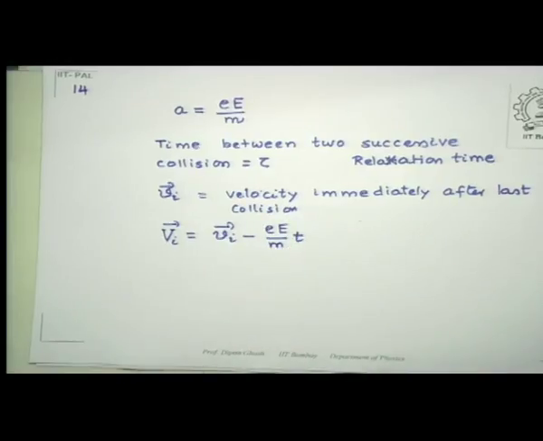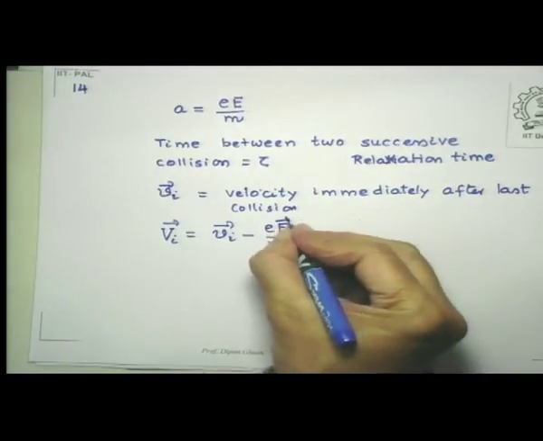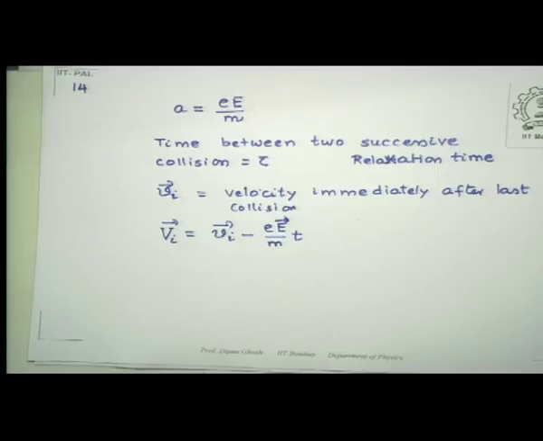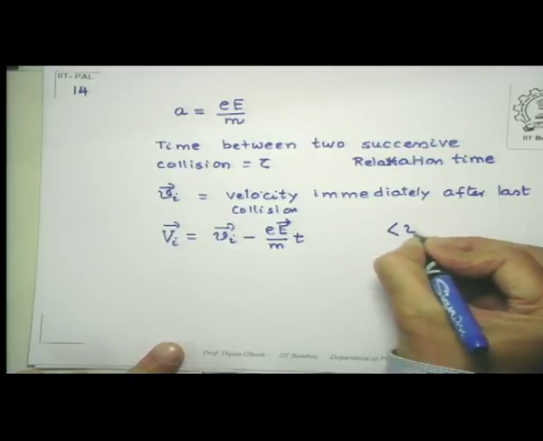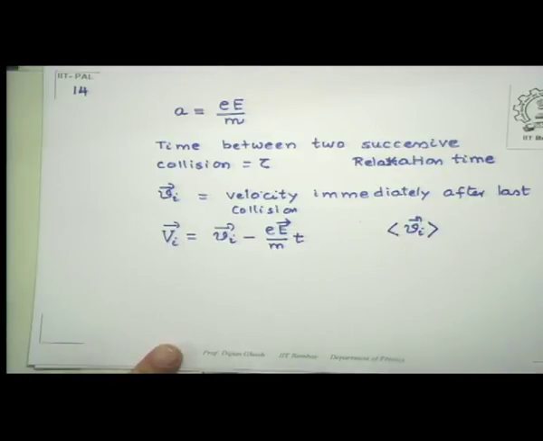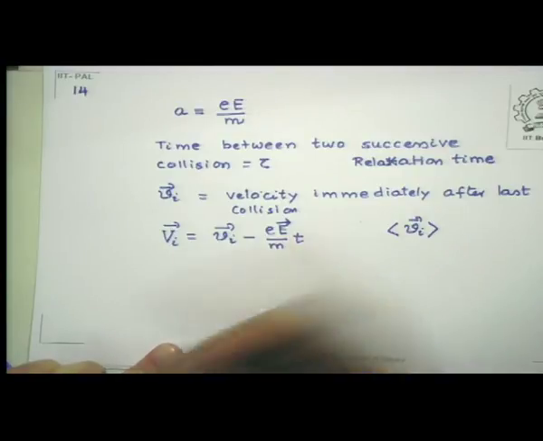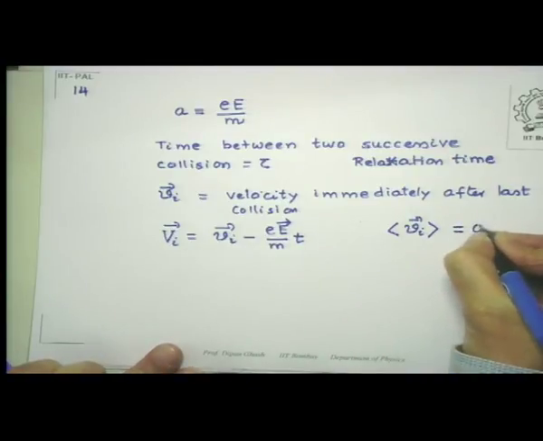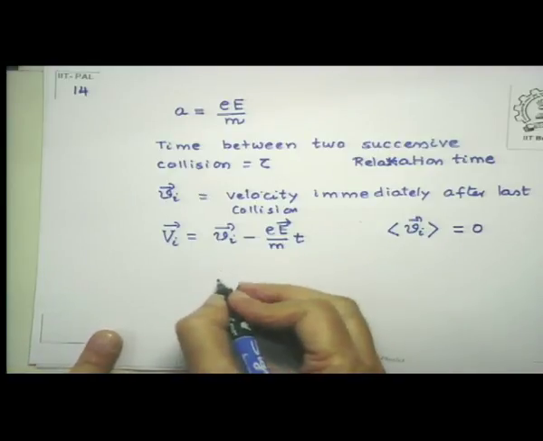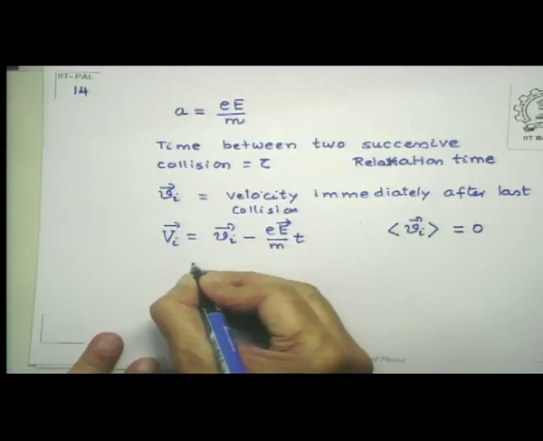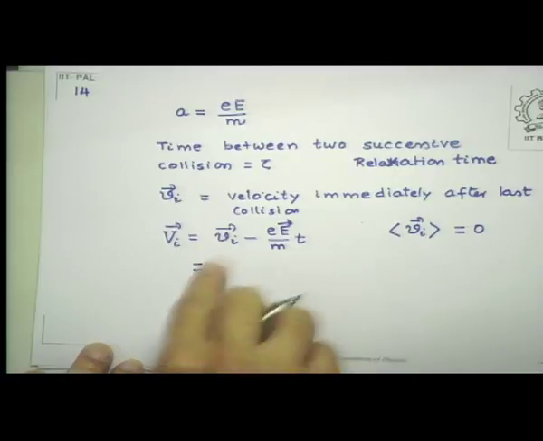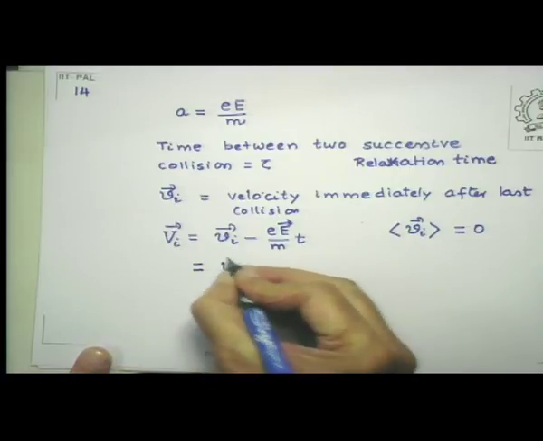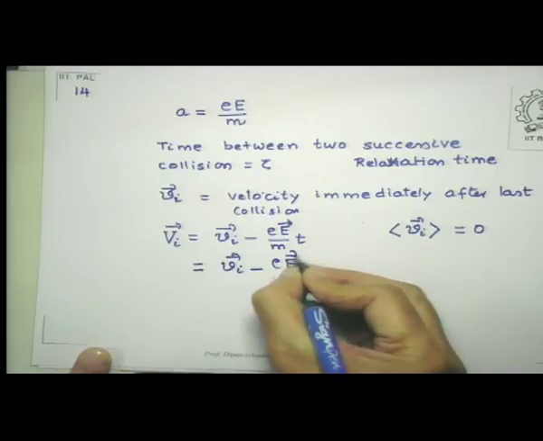Minus sign, because I am talking about an electron which must move in a direction opposite to the electric field. Now remember I also mentioned that the average value of Vi, which is 1 over n times sum over i of Vi, is equal to 0. But if you look at this now, then the velocity close to a relaxation time would be Vi minus eE tau over m.